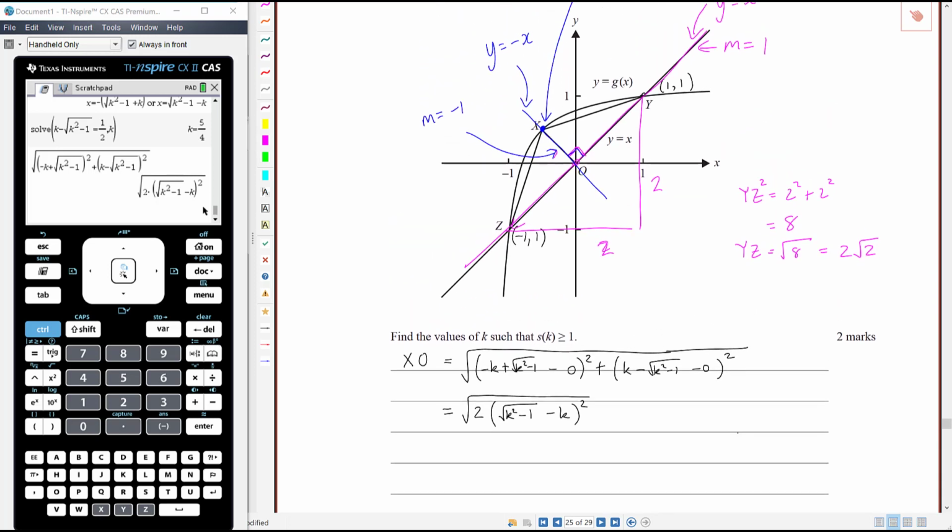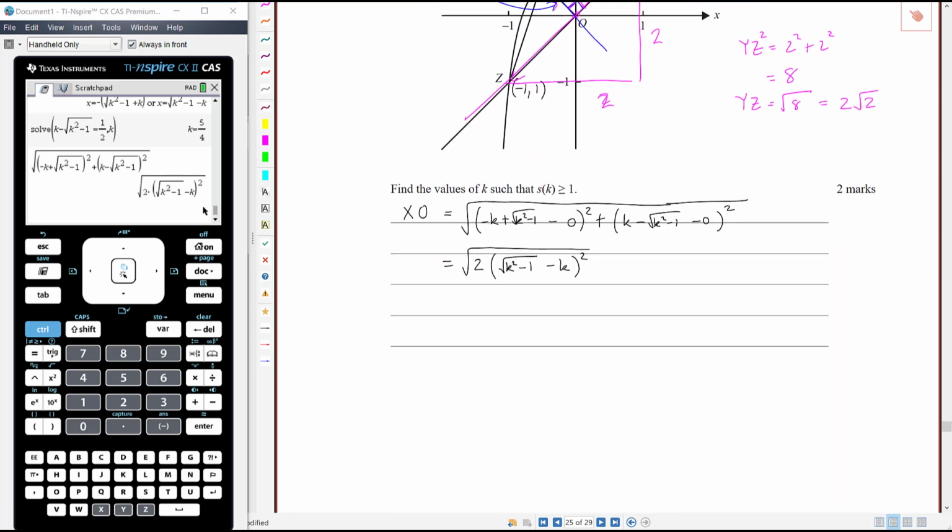Okay, and so therefore S of k is the area of the triangle. So the area of triangle XYZ is going to be half times the base, which is 2 root 2, times the height, which is this expression here, square root of 2 square root of k squared minus 1, take away k, all squared.